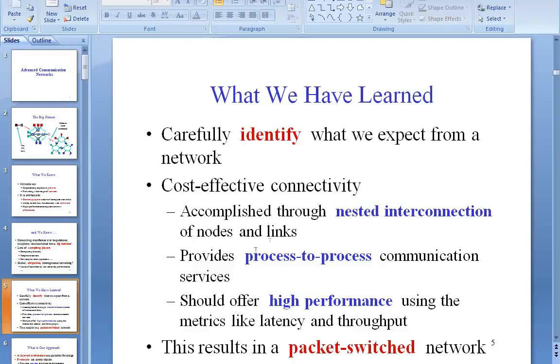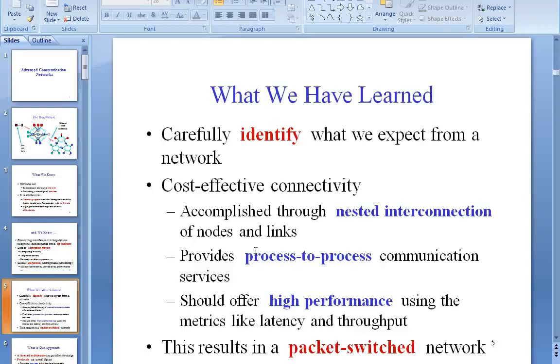The third important thing is process to process communication. In the previous lecture we studied process to process communication. In process to process communication, you hide network complexity from end users to fulfill the user expectation, not the engineers' and network designers' expectations, because ultimately we have to satisfy the end users.